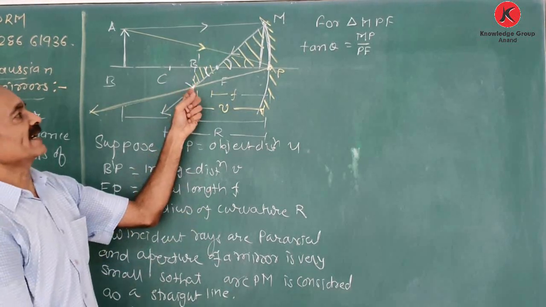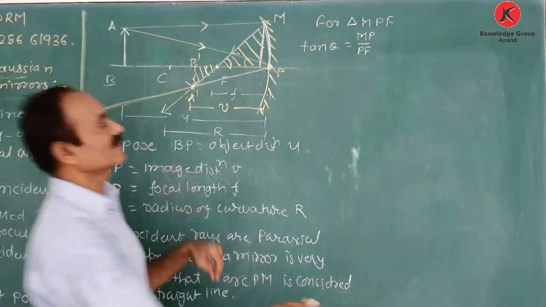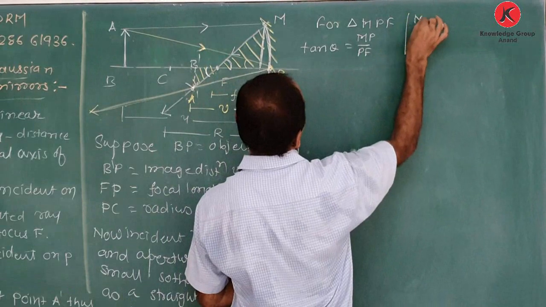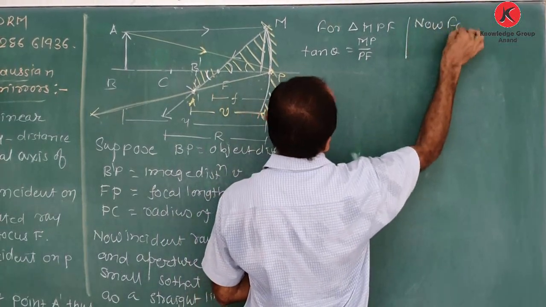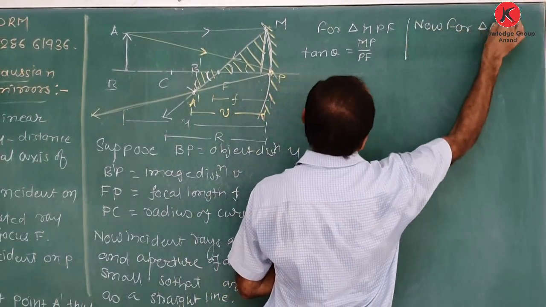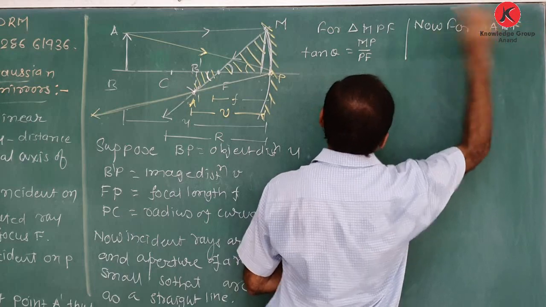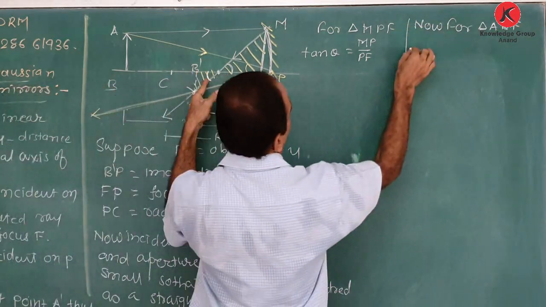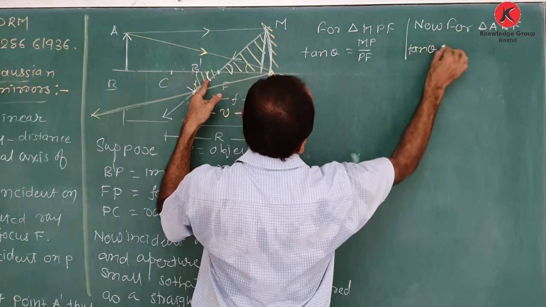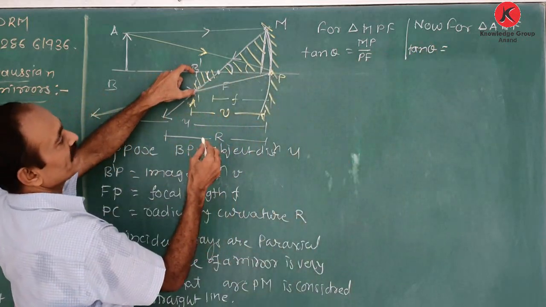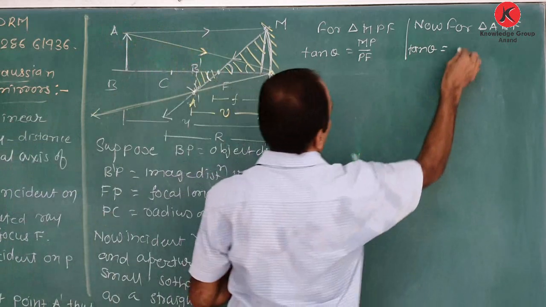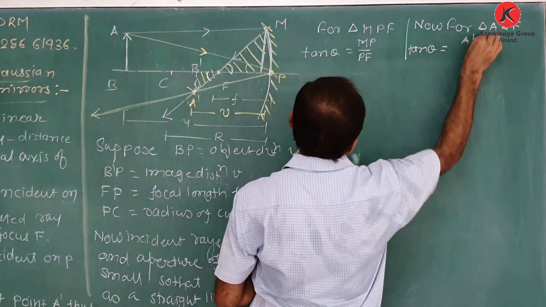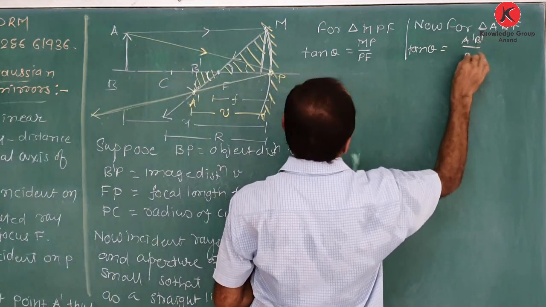Now, for triangle A'B'F, again this angle is theta. Therefore, tan theta is equal to A'B' upon B'F.